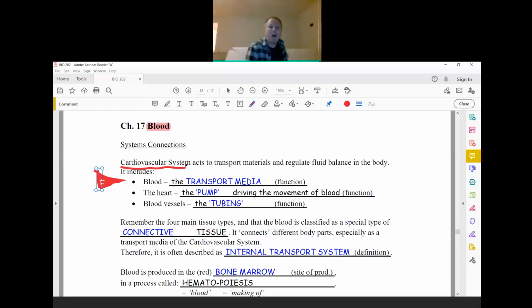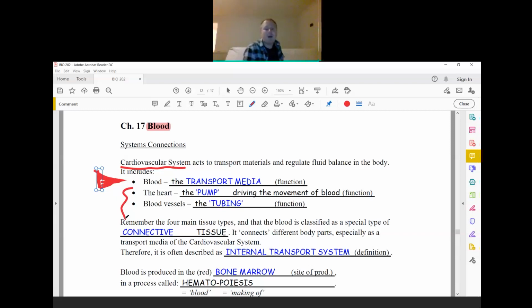But after this chapter we are also going to be looking at the heart, which is the pump that moves this transport media, and then we will be looking at the tubing, which is the blood vessels where this transport media will travel. So just so you know, there is going to be more about the cardiovascular system later on, but we are only focusing on this one on this exam.